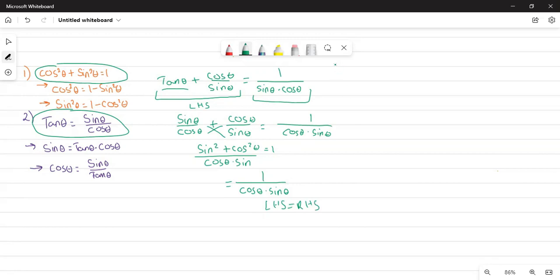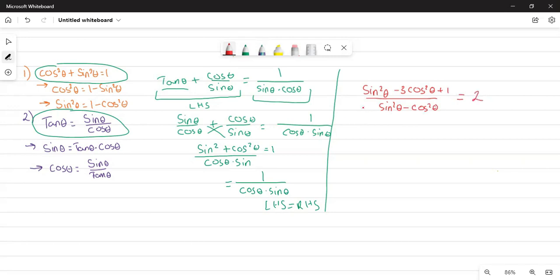So let us take one more example. So we can take sine square theta minus 3 cos square theta plus 1 divided by sine square theta minus cos square theta, and this equals 2.